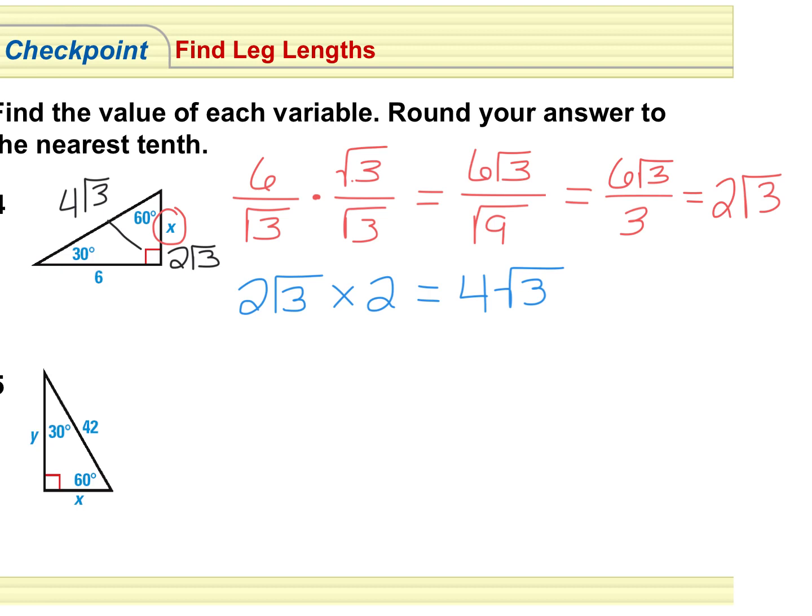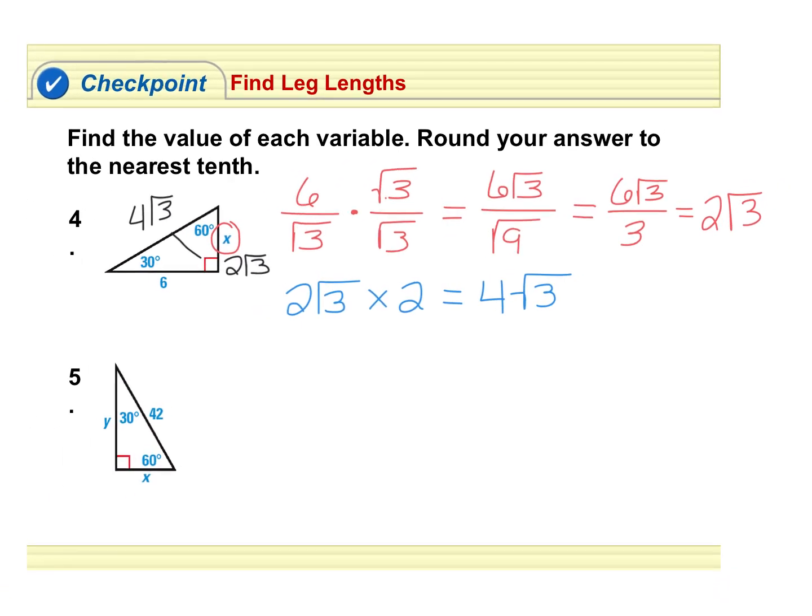Good. Okay, what about number 5? First step is what? Circle the short leg. What is our short leg? X. Okay, what does it give us this time? The hypotenuse. How do we go from the hypotenuse back to the short leg? Divide by 2. Yep. 42 divided by 2 gives us 21.